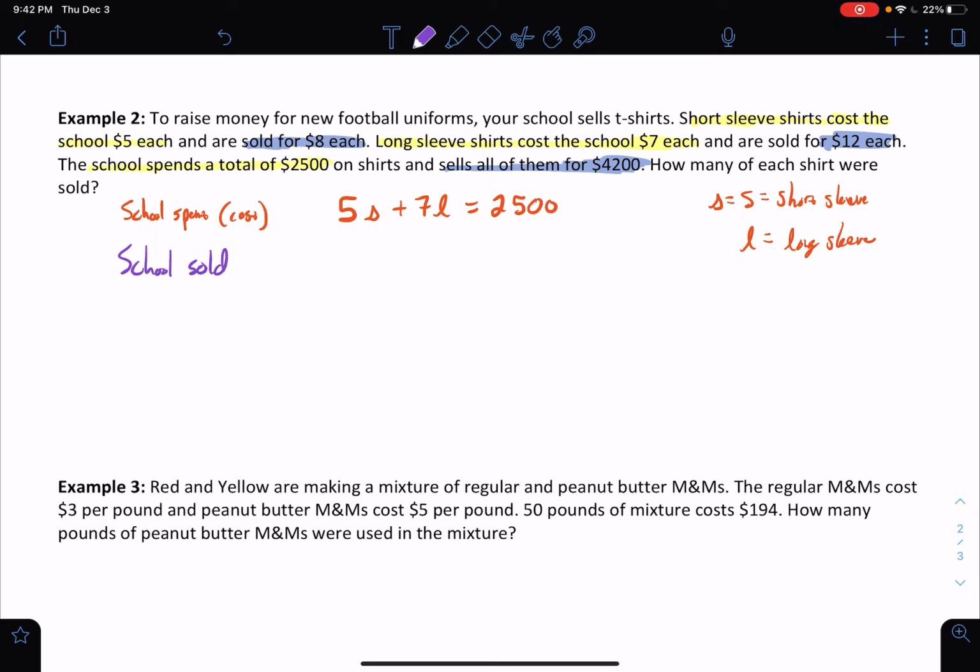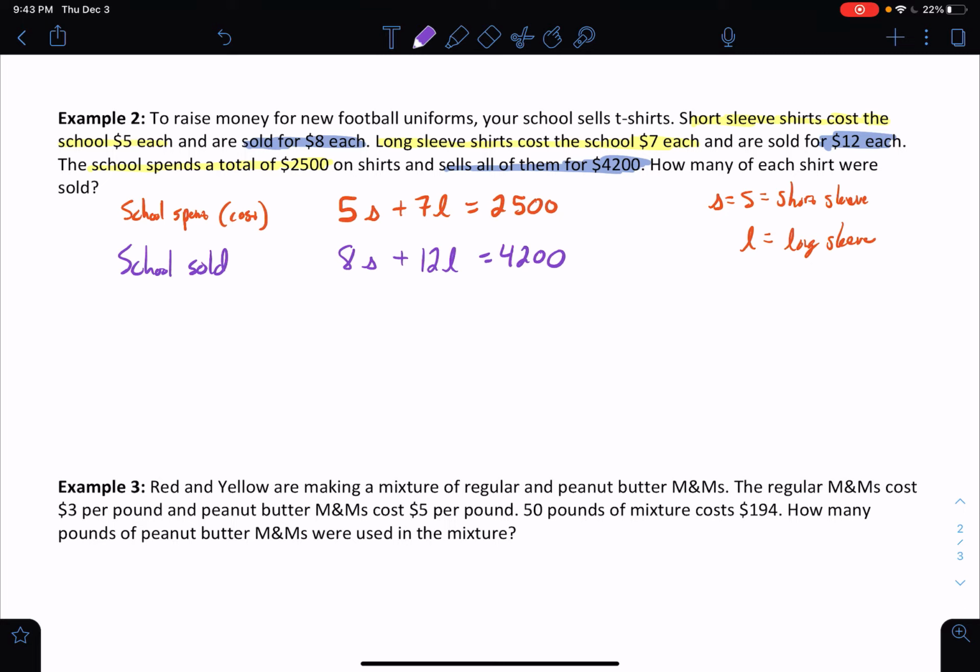So the equation to represent the money from selling the shirts: short sleeves are $8 each, long sleeves are $12 each. If I add those two amounts together, I will get the total, which is $4,200.